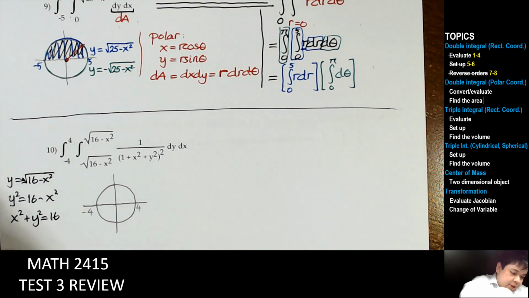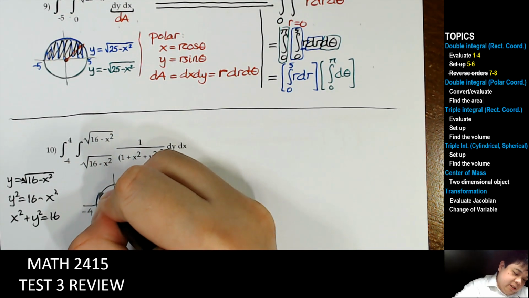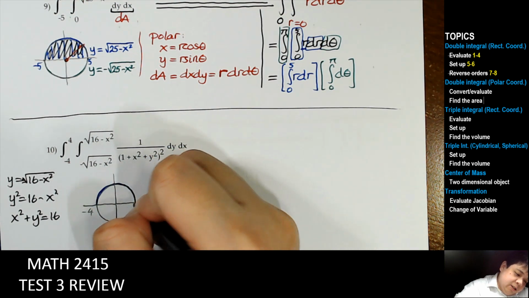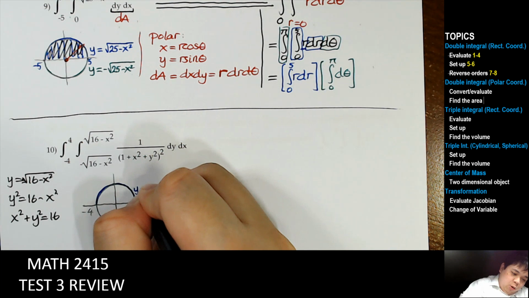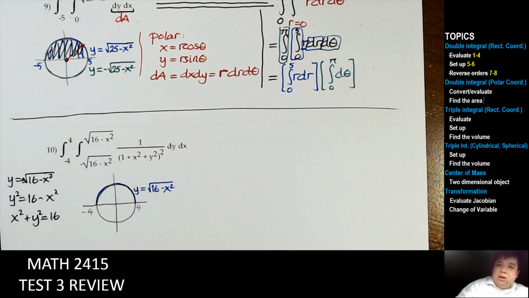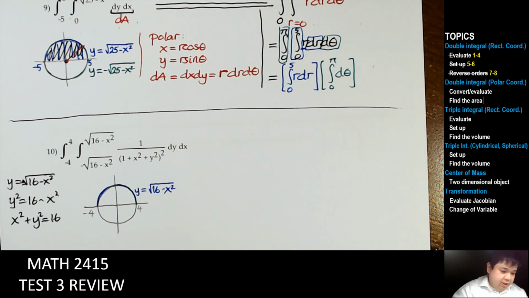Right. The upper half is positive. The lower half is negative.